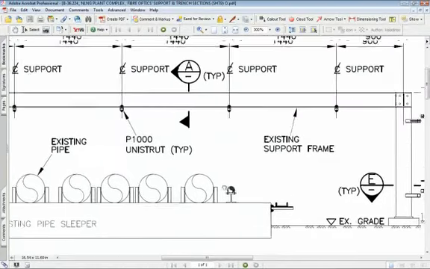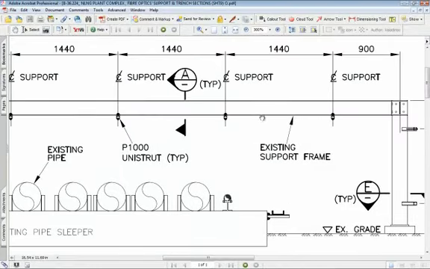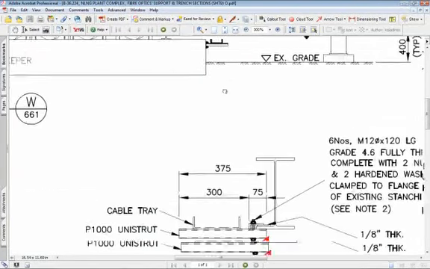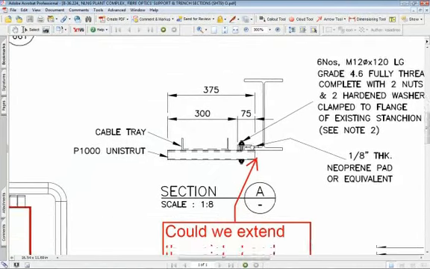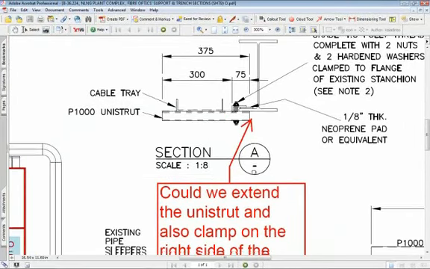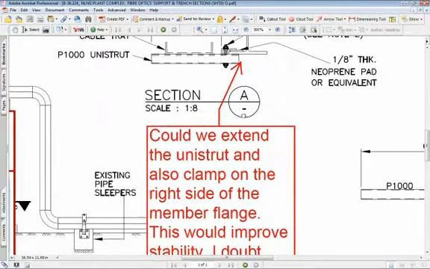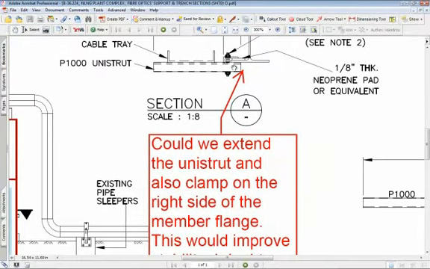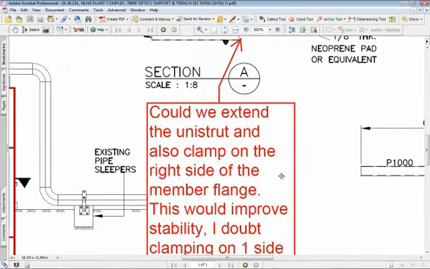This cantilever is carrying a tray and is supposed to be supported at 1.44 meters. The client asked that we extend the cantilever to the end of the flange for stability of the support.